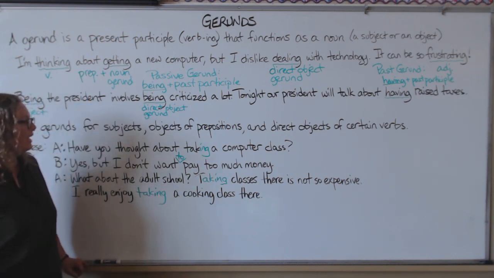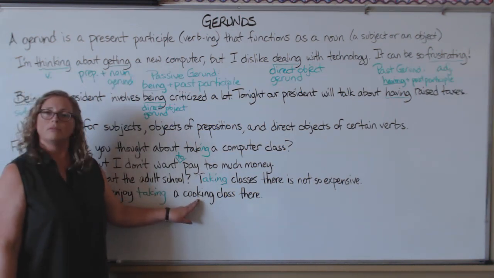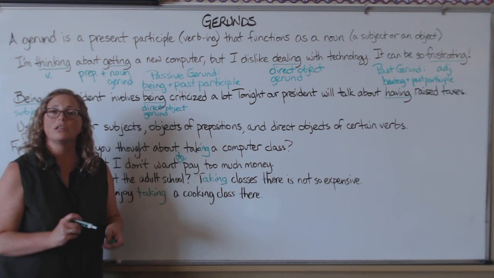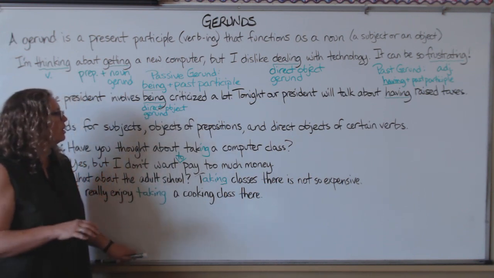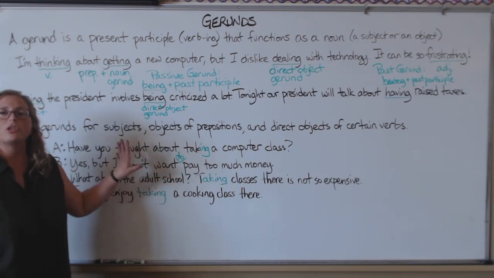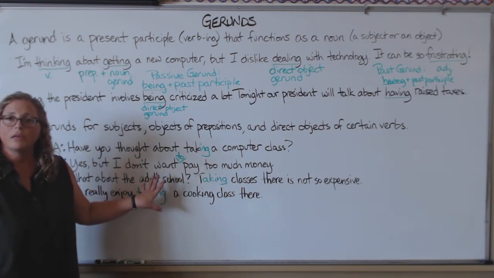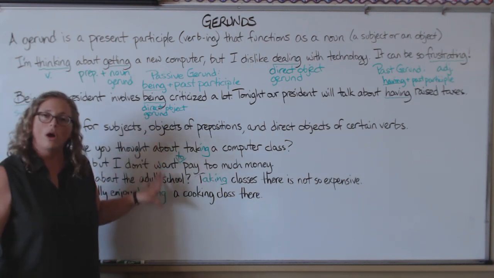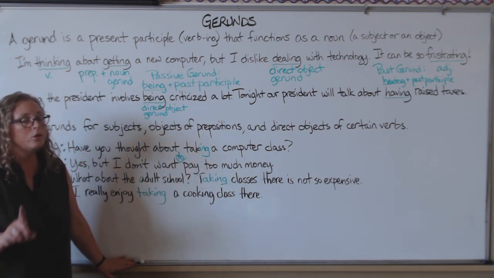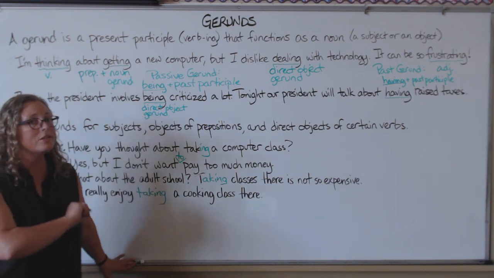I really enjoy taking a cooking class there. Is this a gerund? No, it's describing class. It's an adjective. This is why you need to know about gerunds. You need to use the correct forms in a subject or object position. So use your gerunds wisely.